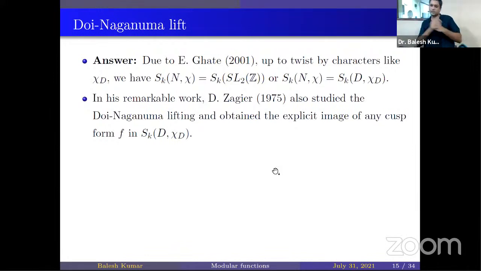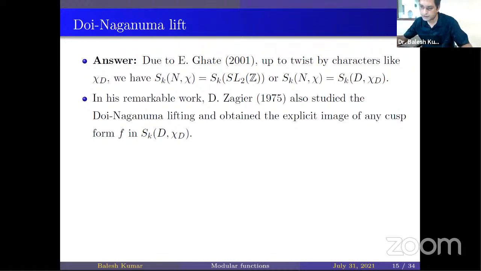Yeah. And in 1975, Zagier also studied this Doi-Naganuma lifting, and he obtained the explicit image of any cusp form of weight k, level D with character chi_D. So just remember that this Doi-Naganuma lift a priori is defined in terms of Hecke eigenforms.